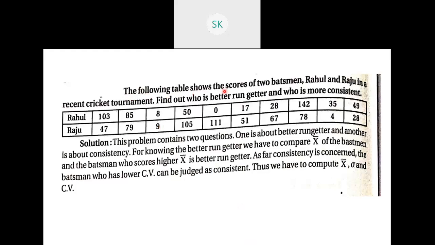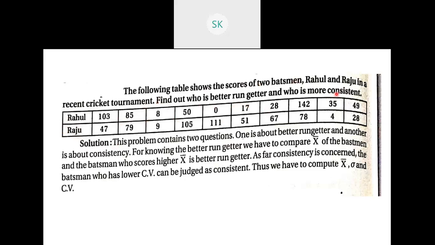The following table shows the scores of two batsmen, Rahul and Raju, in a recent cricket tournament. Find out who is the better run getter and who is more consistent. So they have given us two sets of data, Rahul and Raju. Both of them are batsmen playing in a tournament, and these are the number of runs they have scored.